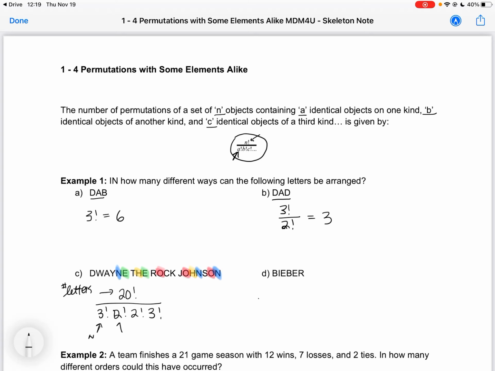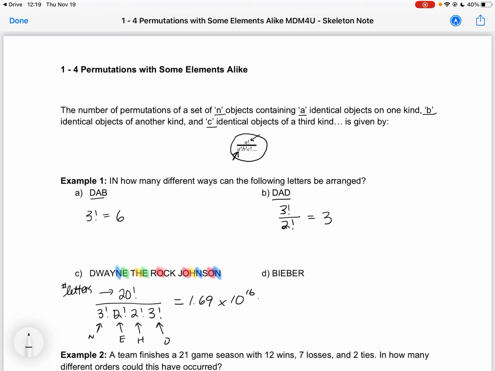So we've got our N, our E, our H, and our O. Evaluating that on your calculator gives you 1.69 times 10 to the 16, which is a huge number of permutations.